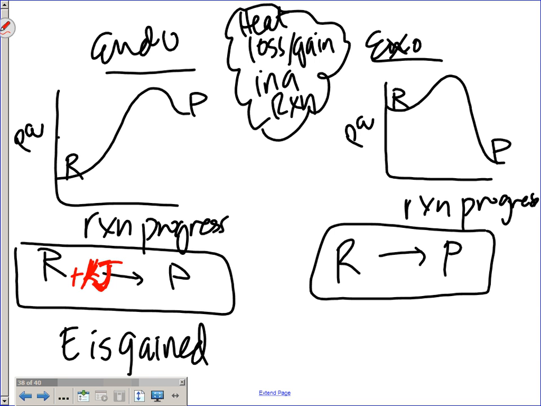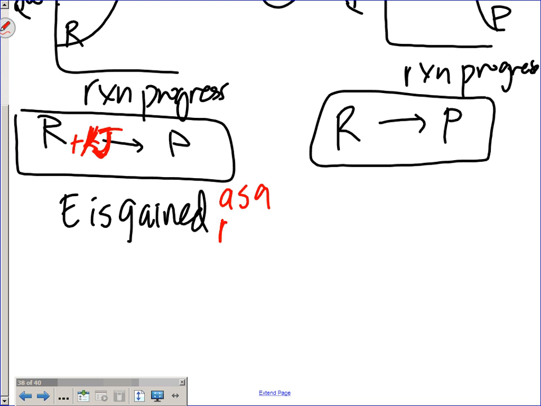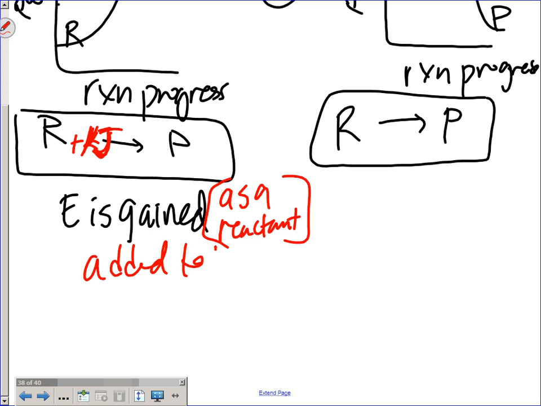Because what you should realize is energy is gained, I'm going to say as a reactant, because it should be showing that it's being added to the reaction. And the only way you can add to a reaction is if you add it on the reactant side of things. So what we call this now is a thermochemical equation.